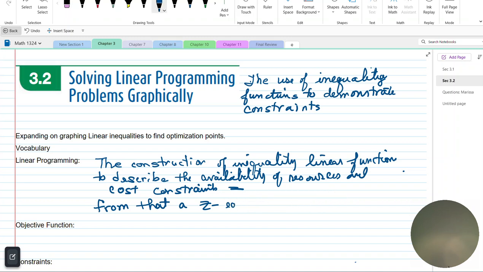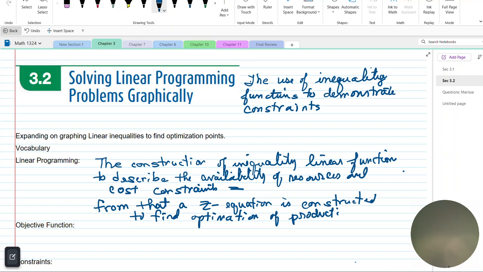A z equation is constructed to find optimization, production, products or other constraints. So it's an equation and it says z because we don't know what it is, but we do know that from the constraints we can find the optimization.